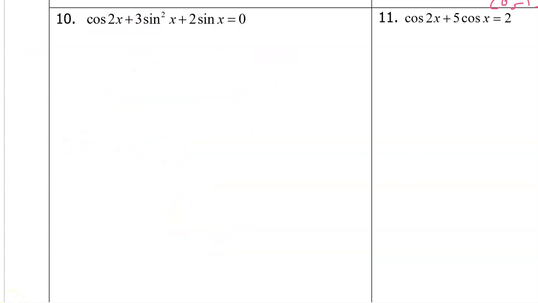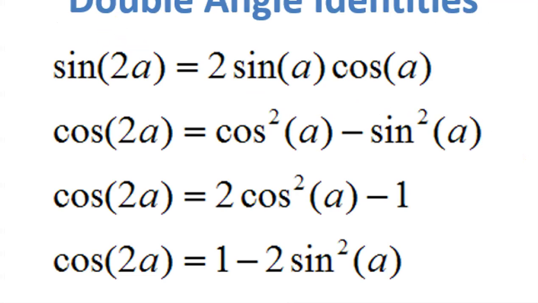Problem number 10 involves the cosine of 2x. This is always interesting because if I look at the cosine of 2x, I have three different possible formulas for that. So there's a formula that only involves cosine, there's a formula that only involves sine, and then there's a formula that has one of each.